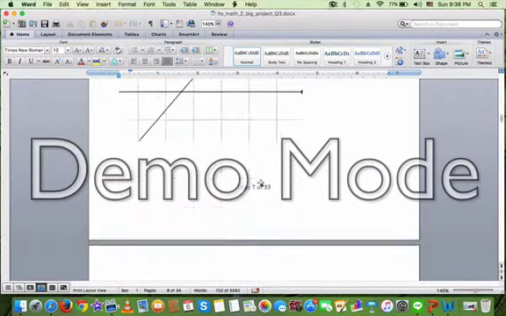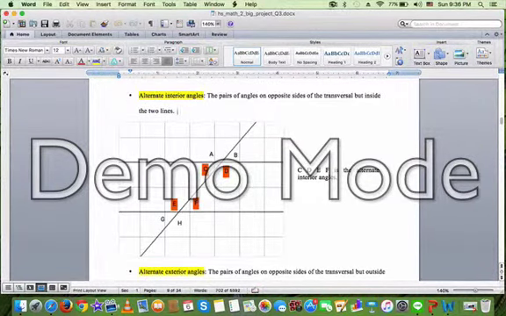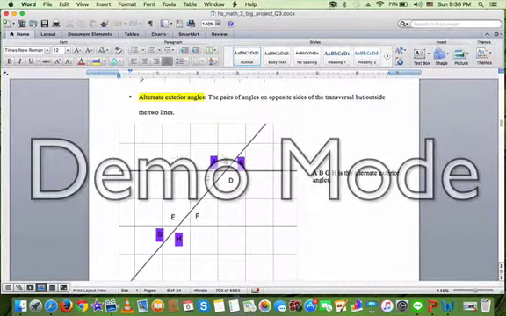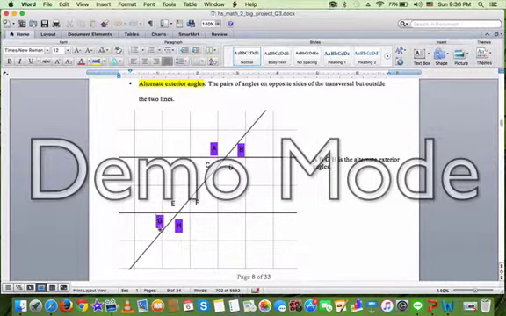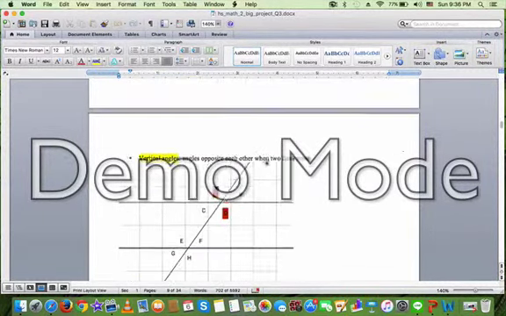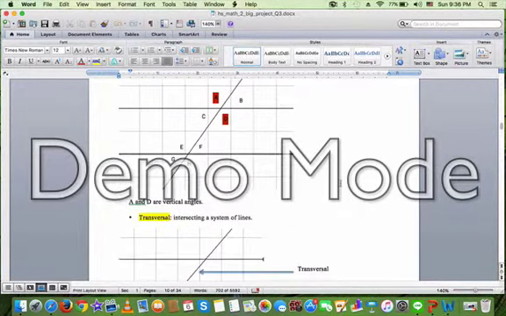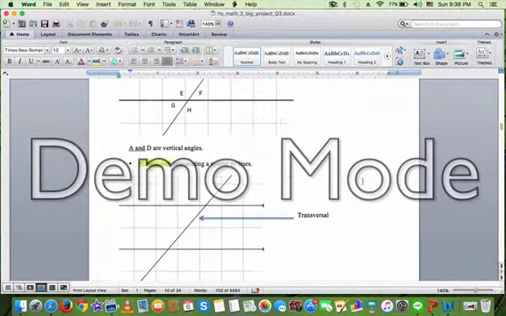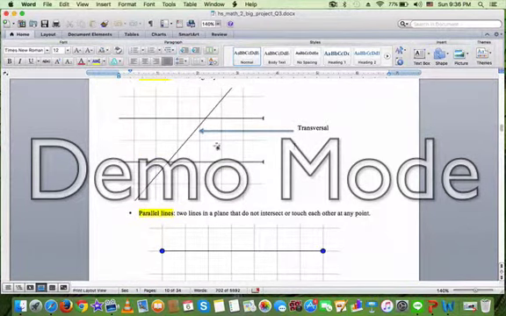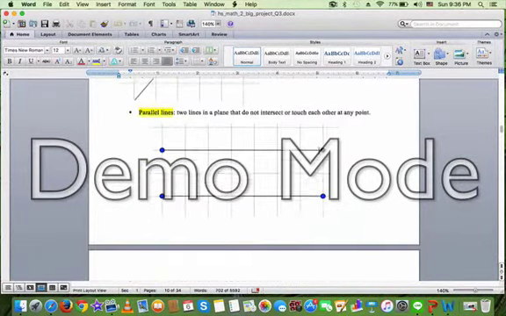Supplementary angles are two angles that add up to 180 degrees. Corresponding angles are formed when two lines are crossed by another line, the transversal. Alternate interior angles are the orange ones, and alternate exterior angles are the purple ones out here.